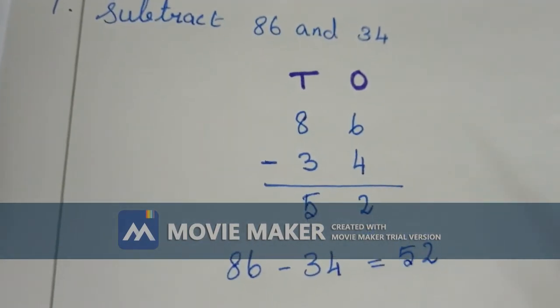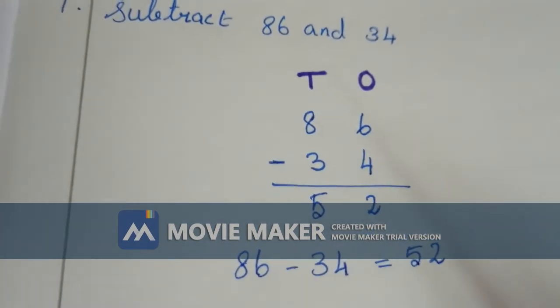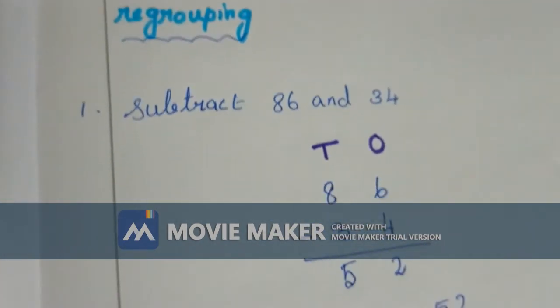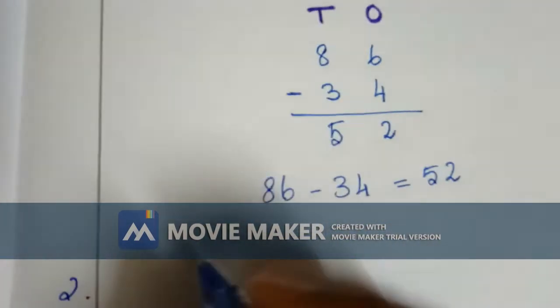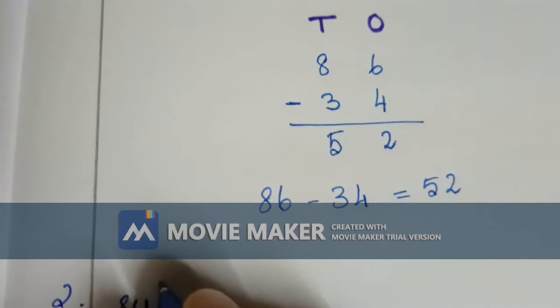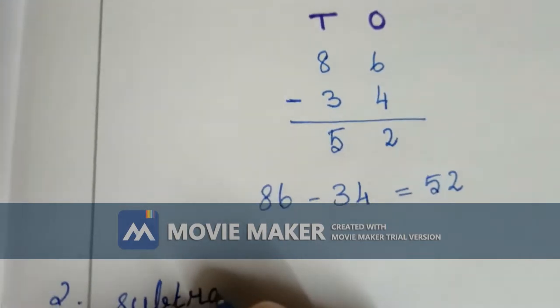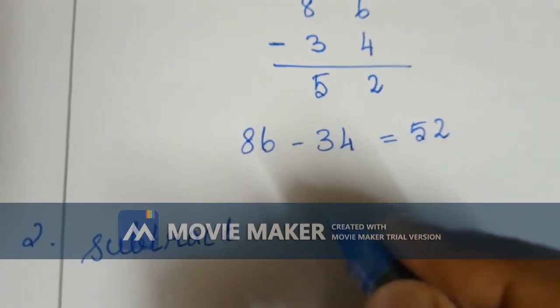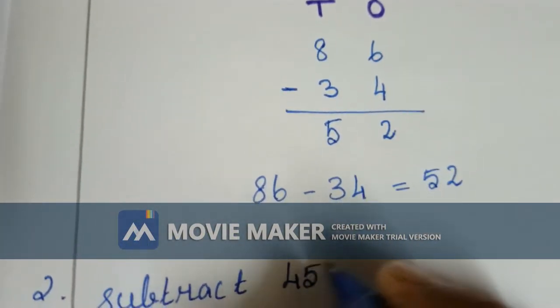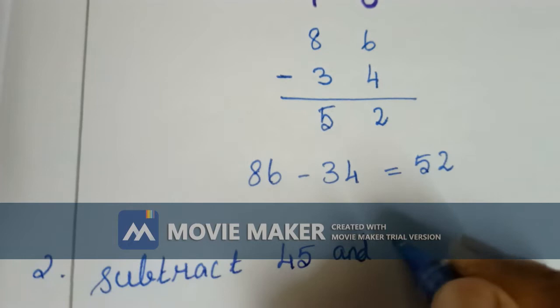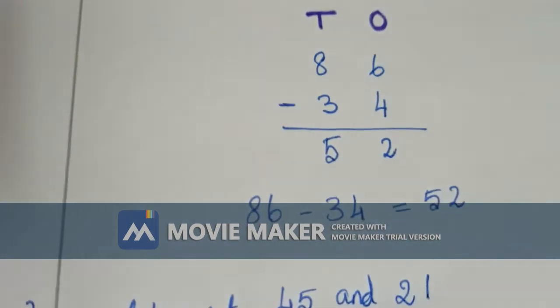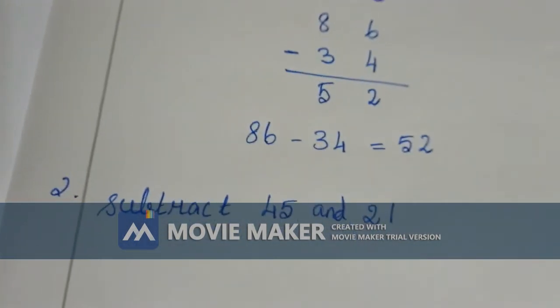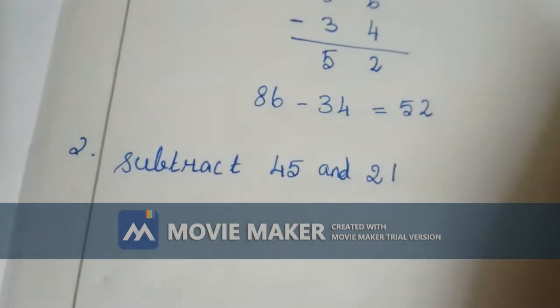Okay children, now let's look at one more example. Subtract 45 and 21. So children, what is the first step?